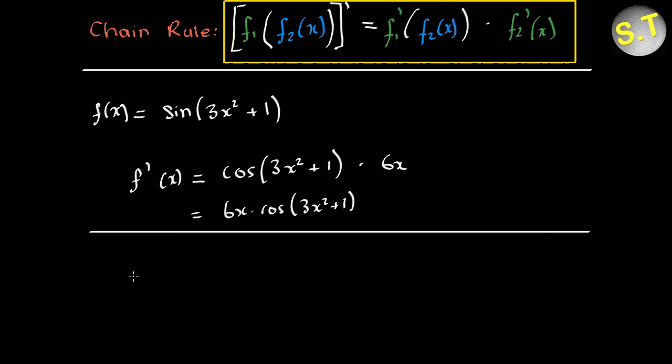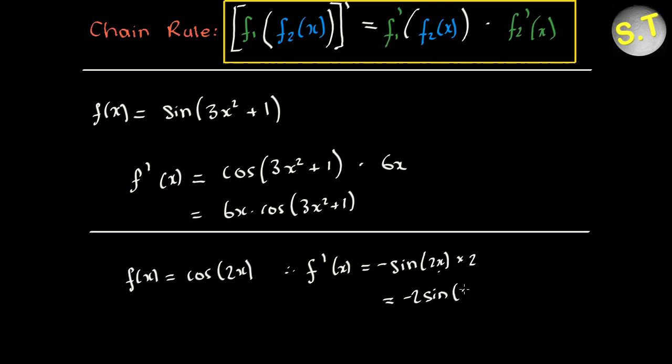So even at the most basic level, if you had, for example, f of x is equal to the cosine of 2x, then its first derivative, f prime of x, a lot of people would make the mistake of putting that the first derivative was equal to the minus the sine of 2x, and they'd forget to multiply by the derivative of this bracket. So it would be times by 2. So it would be minus 2 times the sine of 2x.